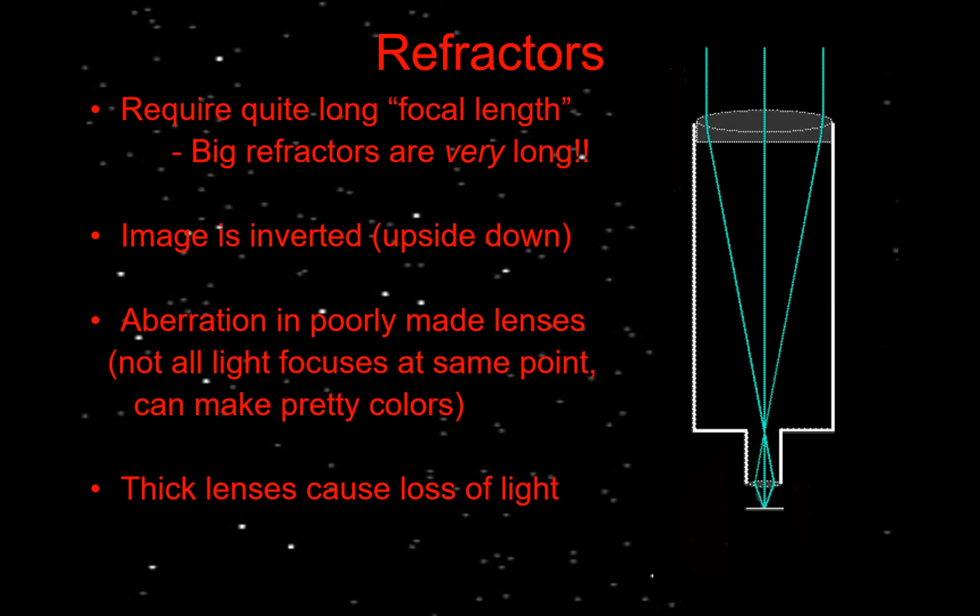So as I said, refractors can get very big if you're going to build very large systems to magnify your light a lot. And consequently, most systems used in modern astronomical research are not refracting in type.